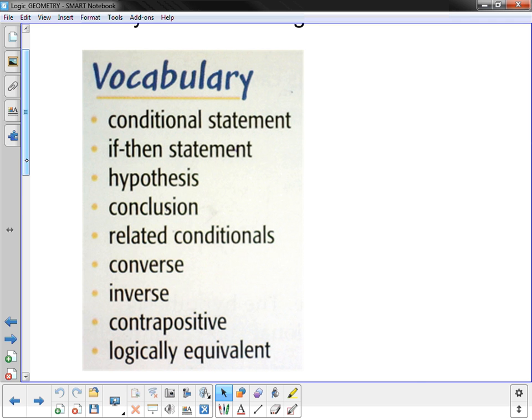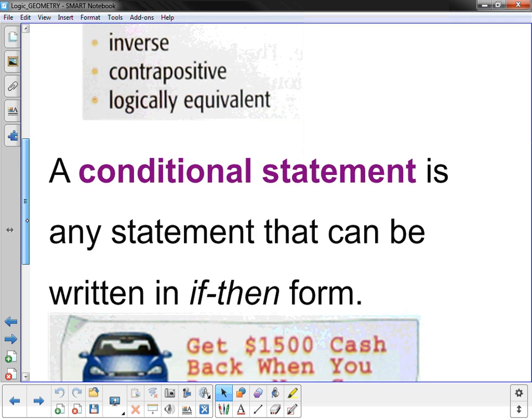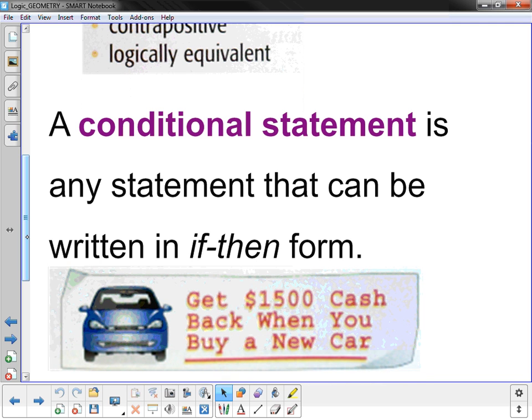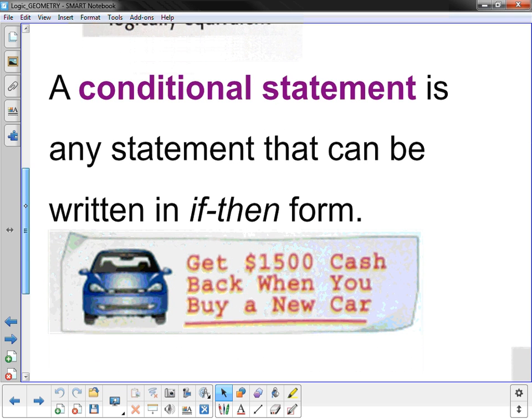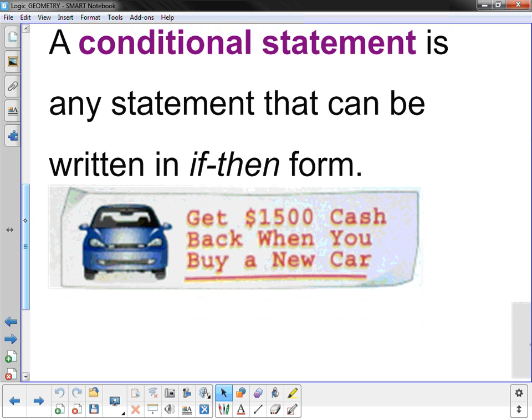So now, our first one is the conditional statement. A conditional statement is any statement that can be made or written in the if-then form. So if I can get it into that if something then something, we're in great shape. Here I happen to have a card that says get $1,500 cash back when you buy a new car. Now if I can write that as an if-then statement, I have a conditional statement.